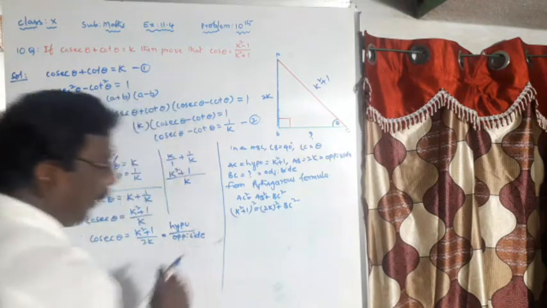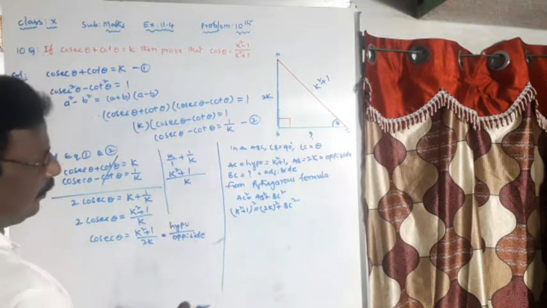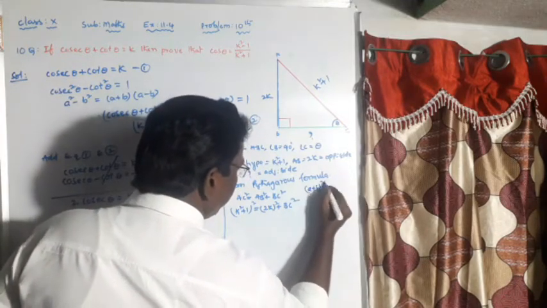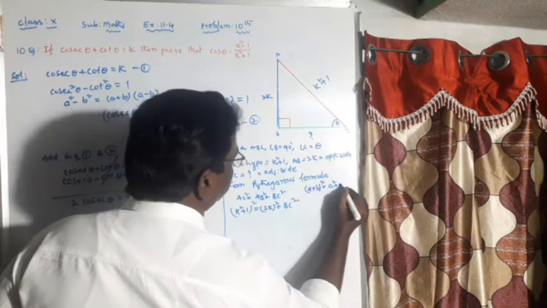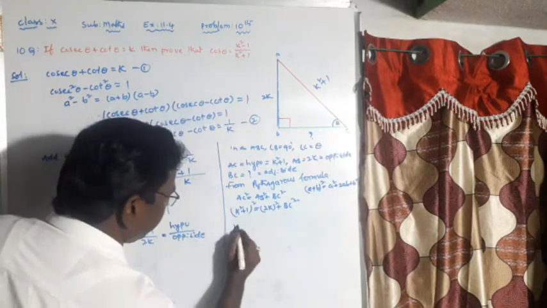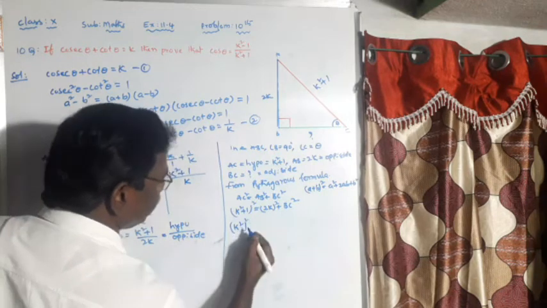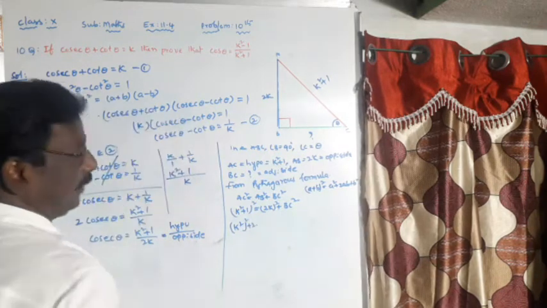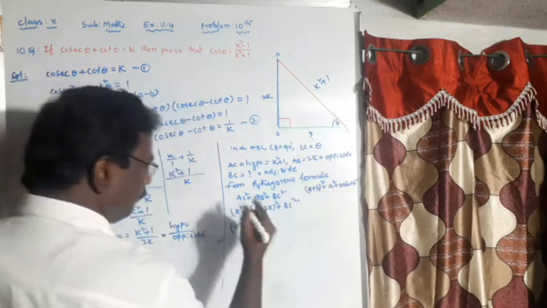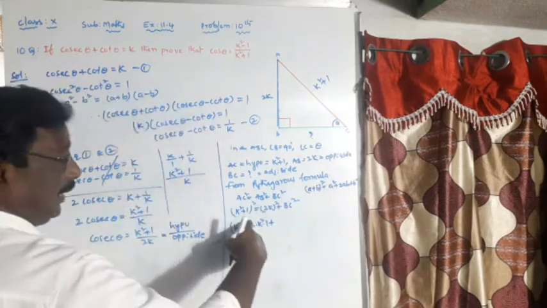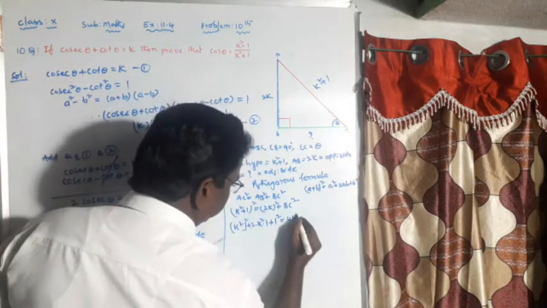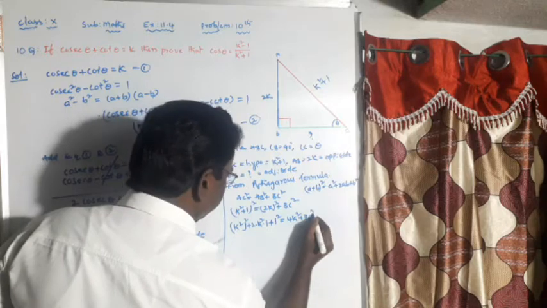This is in the form of a plus b whole square. a plus b whole square is equal to a square plus 2ab plus b square. Now a, k square whole square, plus 2 into a means k square, b means 1, plus b square, 1 square is equal to 4k square plus BC square.